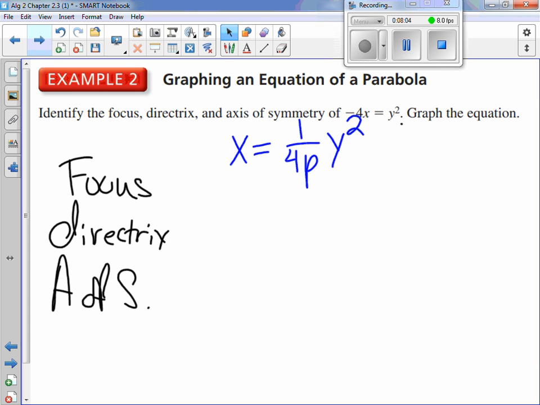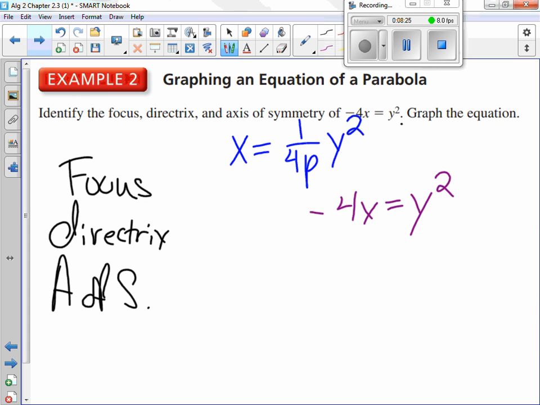Because x equals 1 over 4p y squared is the equation we're working with and all the properties we're going to work with. The equation we have is negative 4x equals y squared, yes? Because it's y squared, when we look at those properties, the two options we have are left and right.